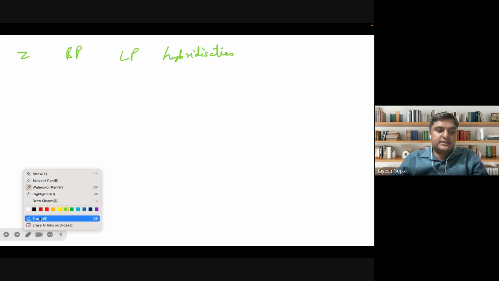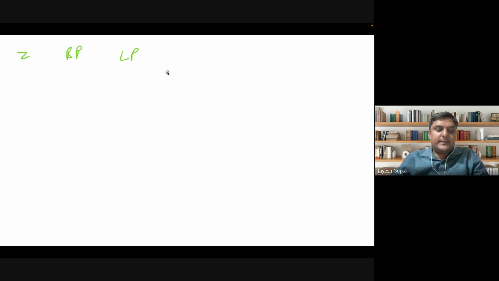Hybridization you can keep for last. Z for the last one is 7. Lone pair we take 0. Bond pair 7.